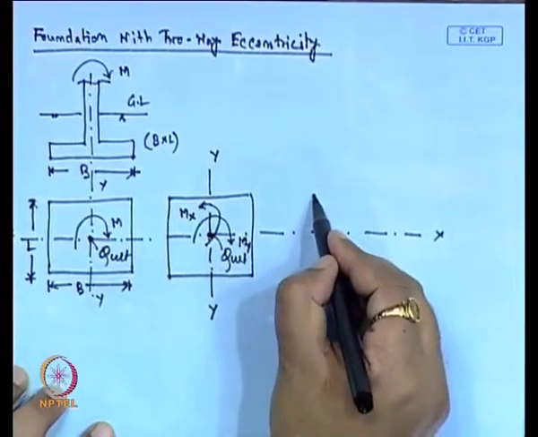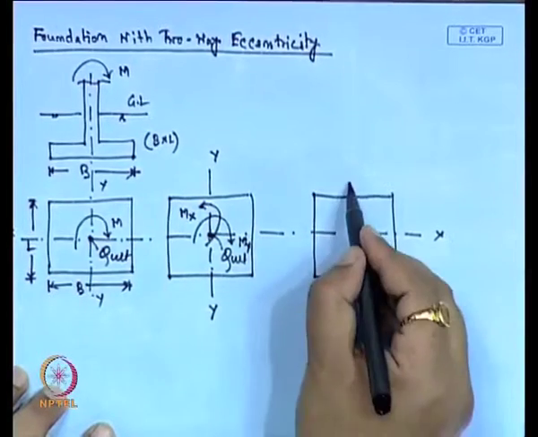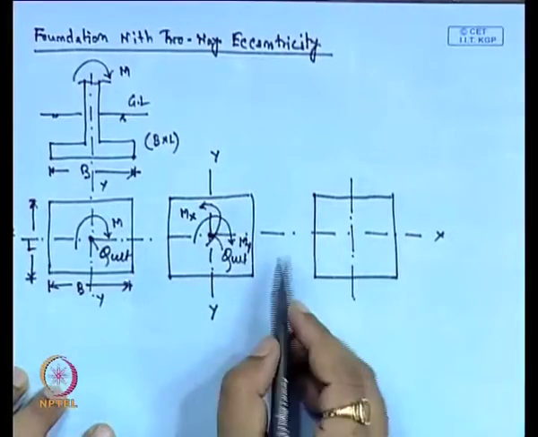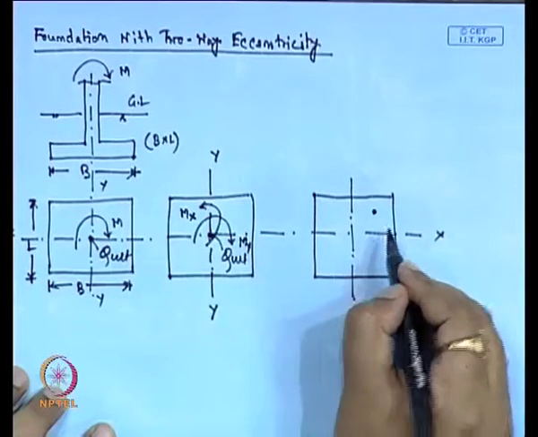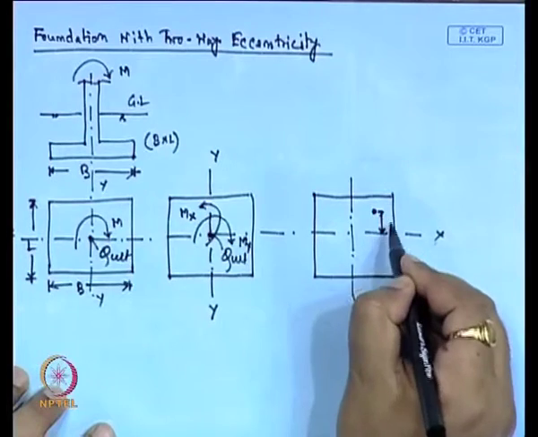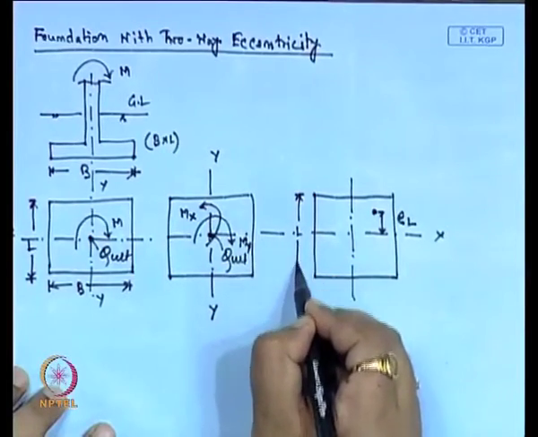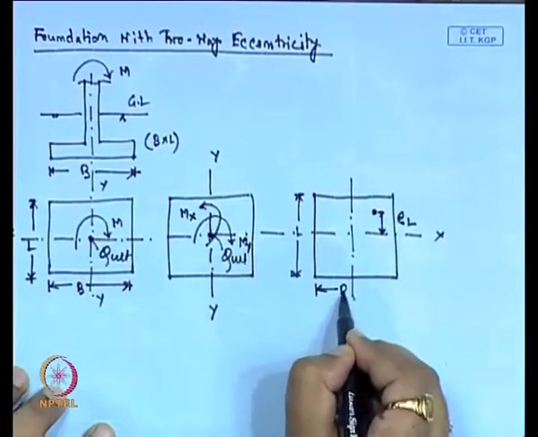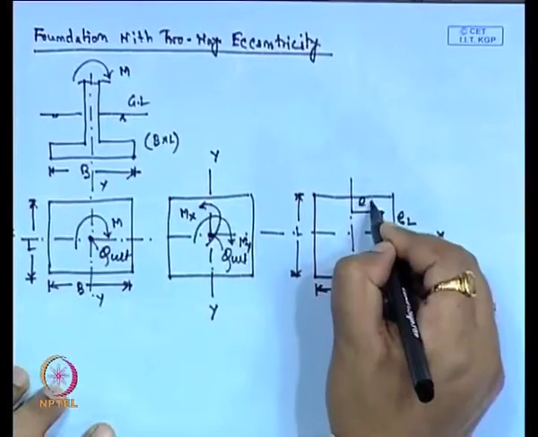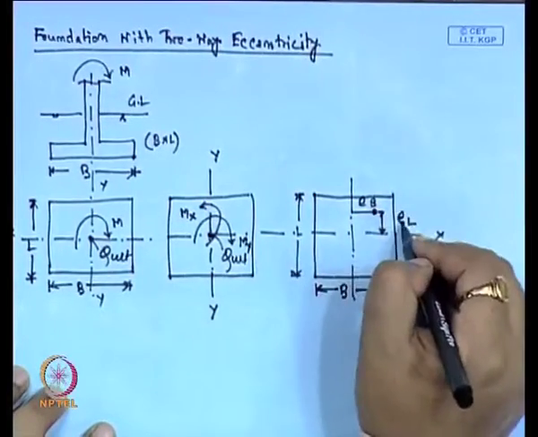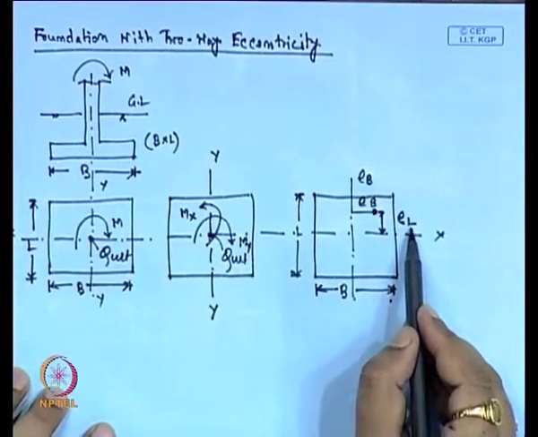Now, under this condition, suppose this distance is equal to e L because this is in terms of length, and this is the width and this distance is equal to e B. So, this one is e L and this one is e B, or you can write this as e y and this as e x.